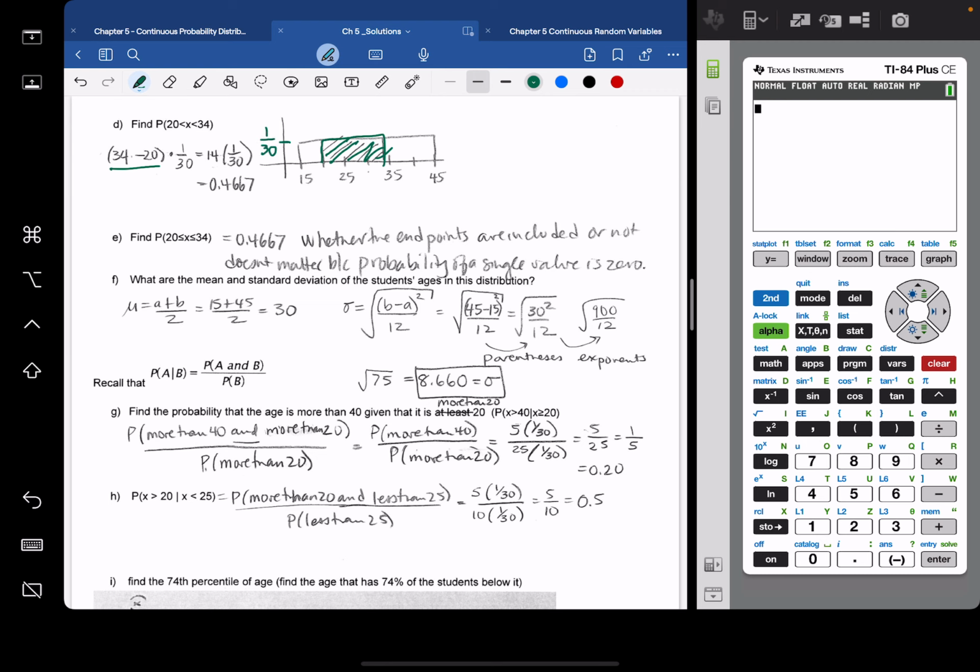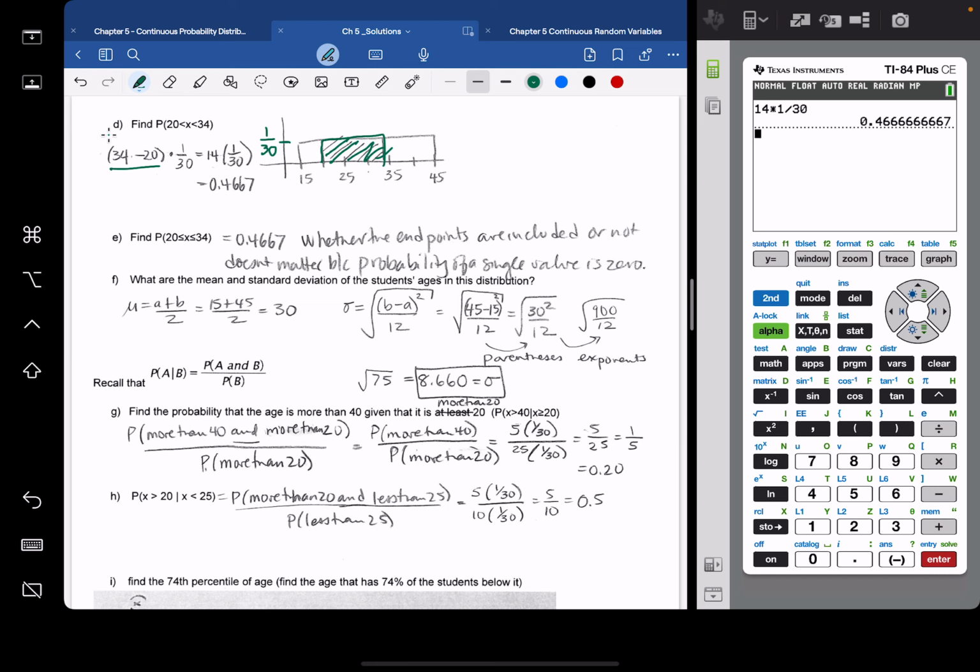We made that decision on the previous page so that the whole rectangle has an area of 1. So 34 minus 20 is 14. Take 14 times 1 divided by 30, and you'll get 0.4666 repeating, or 0.4667. So that's our probability.